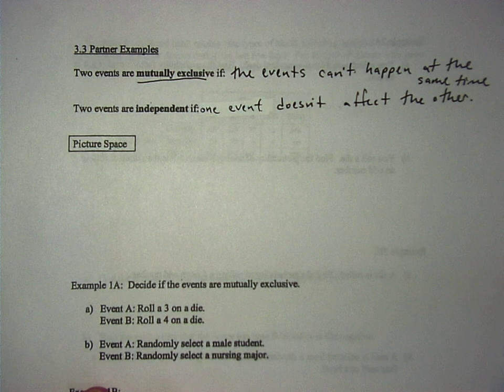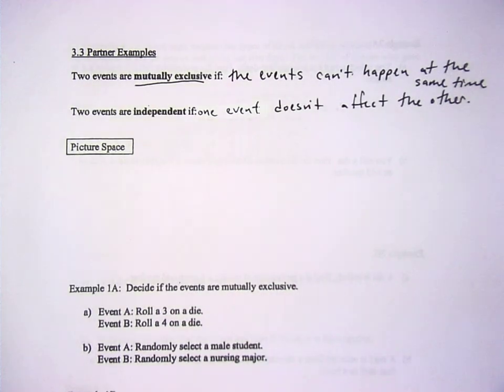So, can anybody name two things that cannot happen at the same time? Something that's impossible.